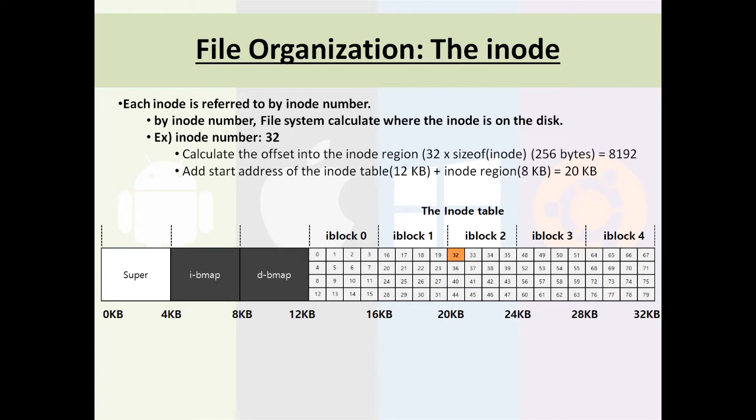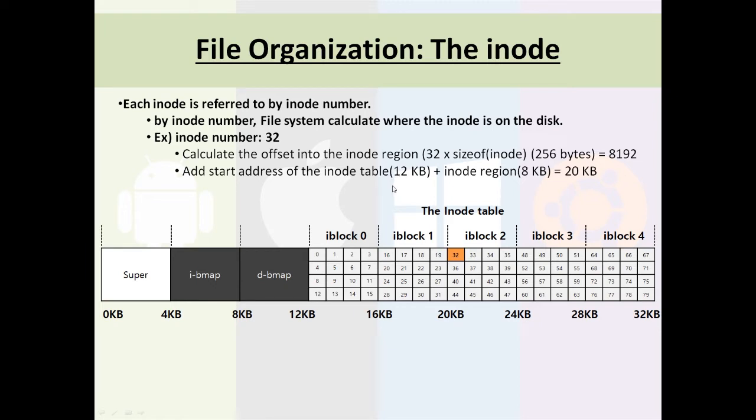Okay, so let us dive a little bit deeper into this inode. It's one of the most important on-disk structures, and virtually all file systems have a structure similar to this. The name inode is short for index node, historically because they used arrays and indexing, so it was called index node.